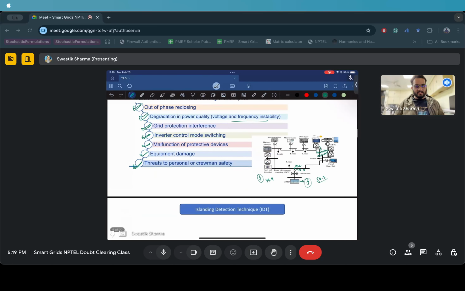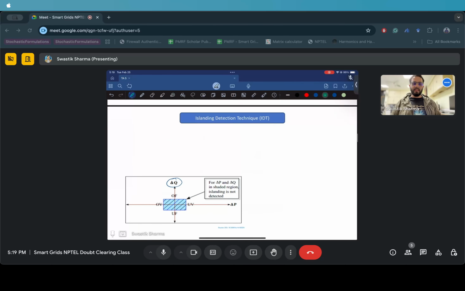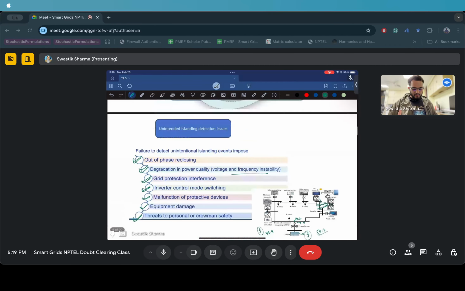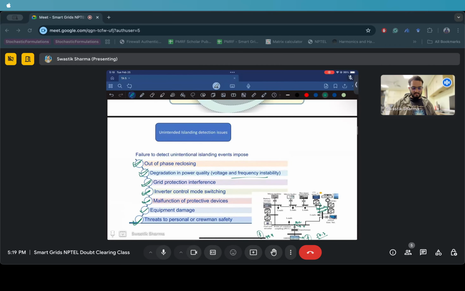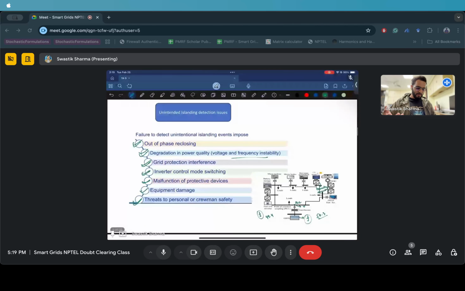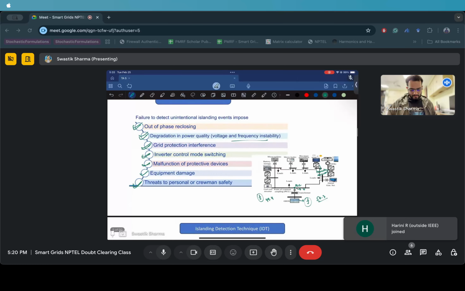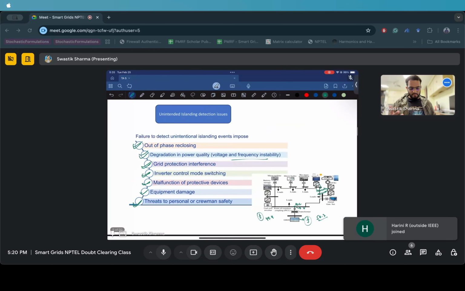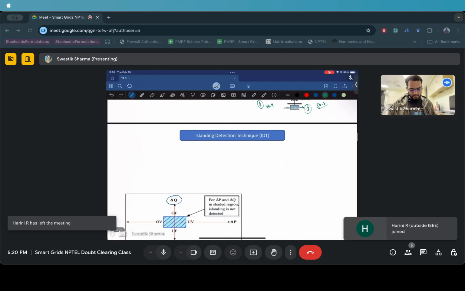And for this, there are different kinds of techniques available, and these techniques work on concepts that we are going to discuss now. So we discussed why islanding detection is required, right? And we need to discuss this before moving on to the smart grid protection interface, because if we don't know how everything is happening, we really can't understand why this grid protection interface is required.